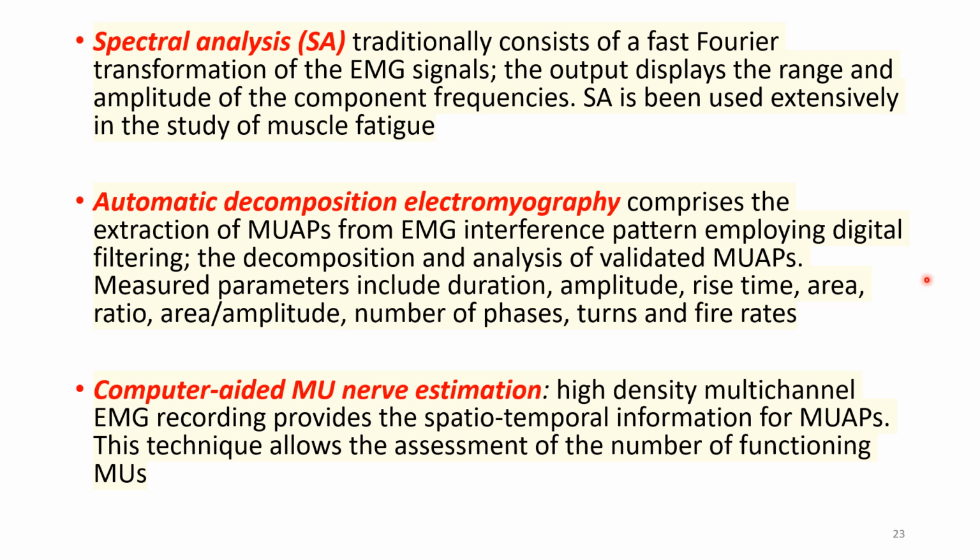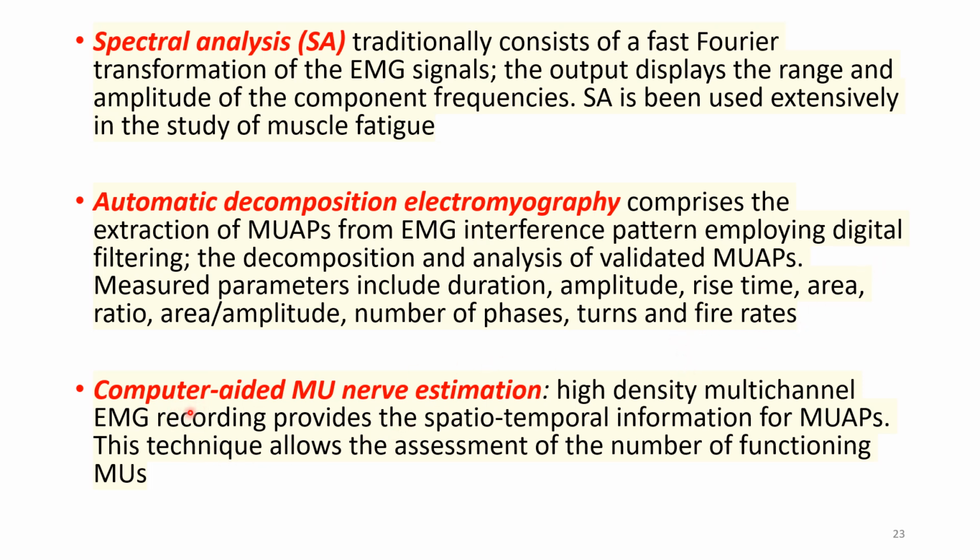All these will be studied in automatic decomposition electromyography. In the first figure also you are seeing that the entire EMG is decomposed into individual MUAPs. So individual MUAPs will be studied in all these parameters, and it is done by digital filtering.